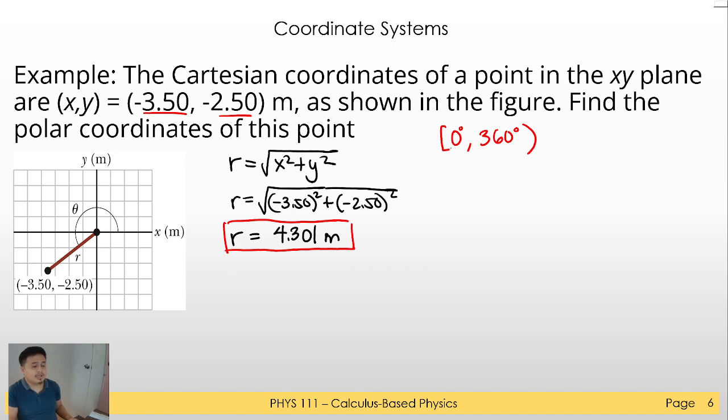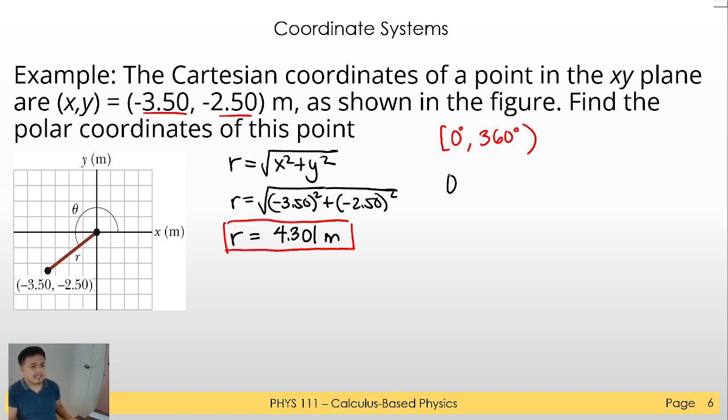So please remember that we will use this 0 to 360, wherein the positive angle is the counterclockwise direction. Meaning that this will be 90 degrees, this will be 180, and this will be 270, and so on. If you want to find this angle, this will be negative, also negative, right? If this will be clockwise.